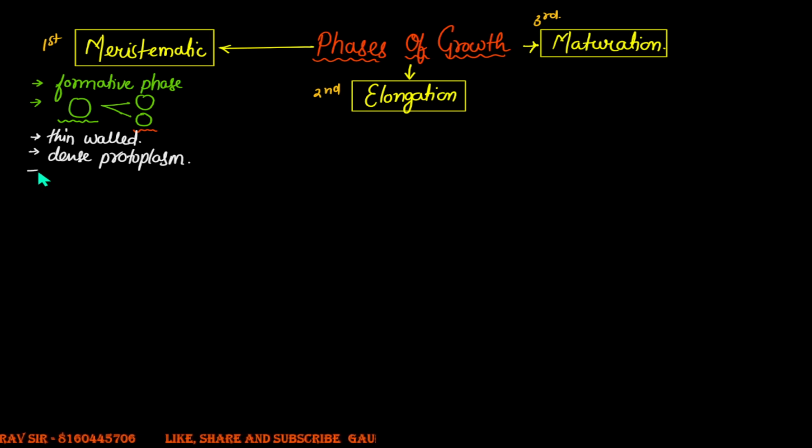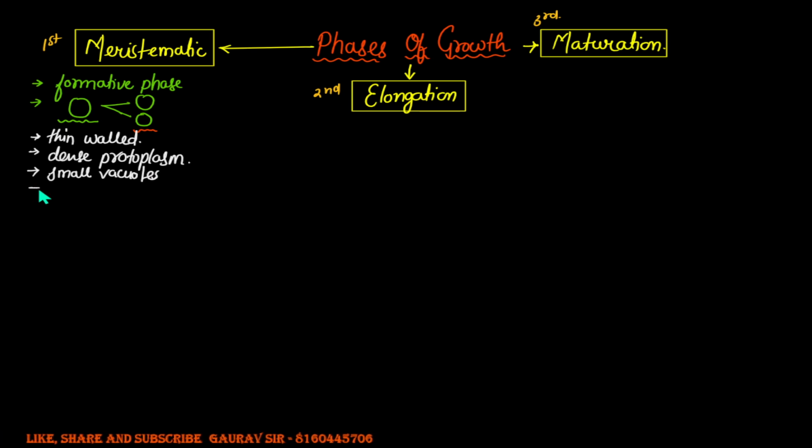There is a dense protoplasm followed by a smaller sized vacuole. As these cells only have the function of division and there is no necessity of any stored food for them, the vacuole in them is very small.